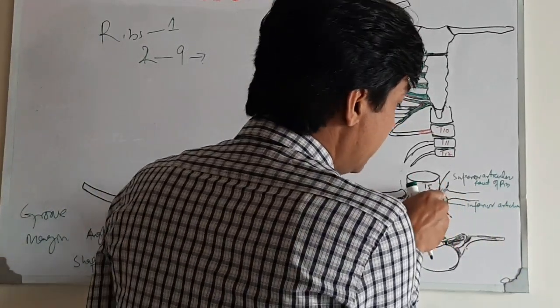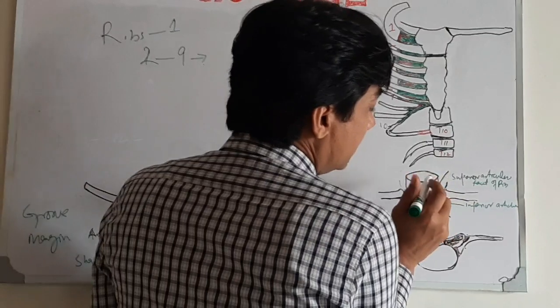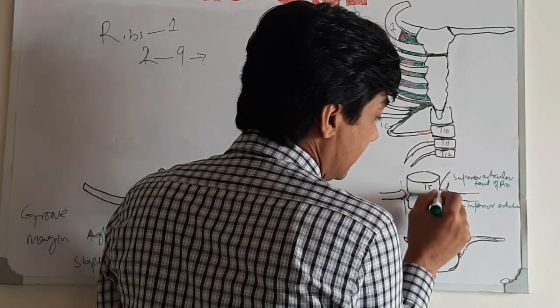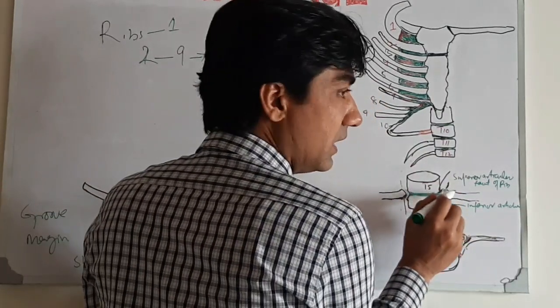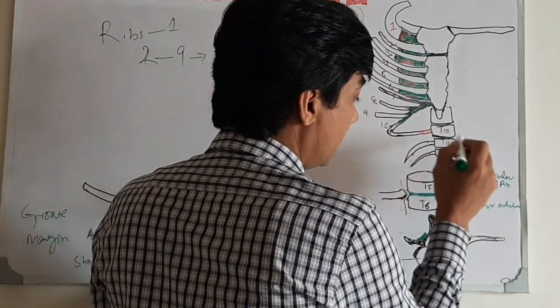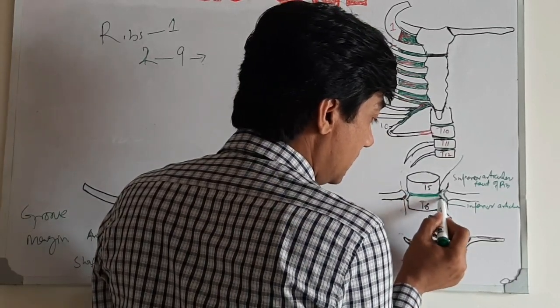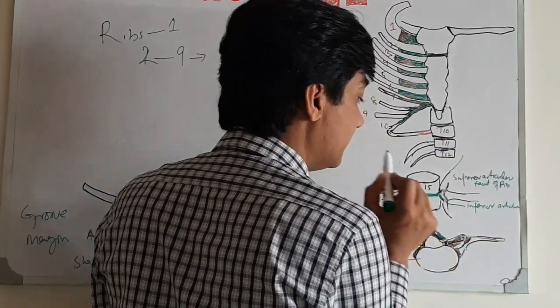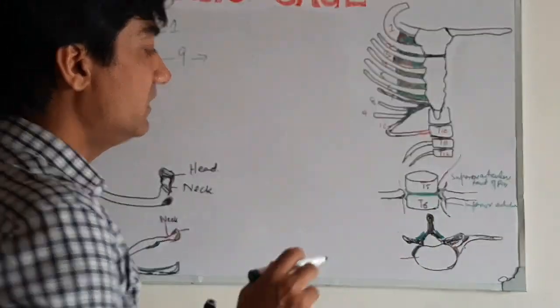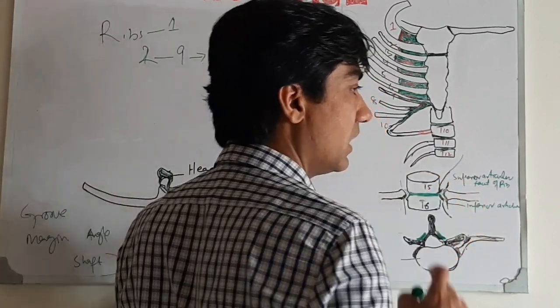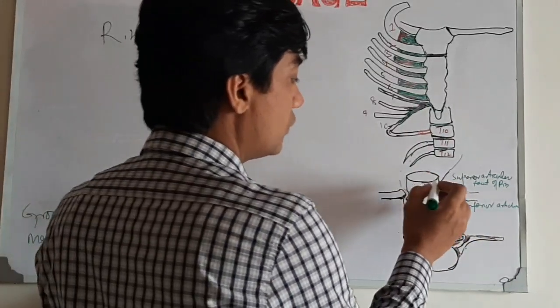And where it is attached, this is the first vertebra, that is the inferior costal articular facet of T5 and the superior costal facet of T6. You can see the double attachment of ribs with two vertebrae, the bodies of two vertebrae.